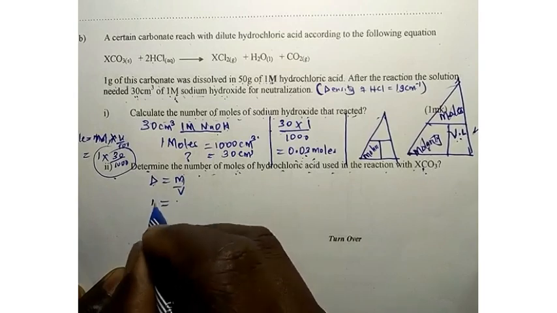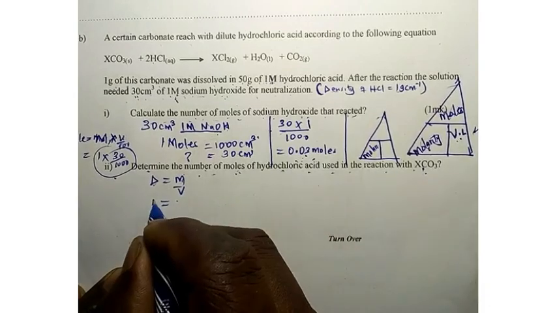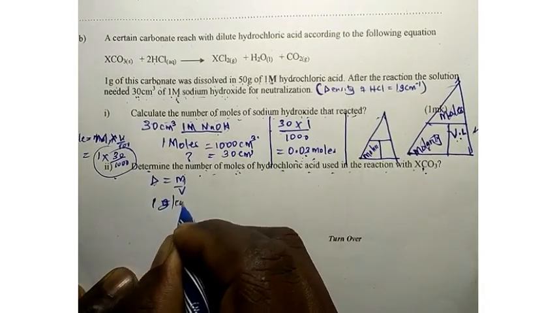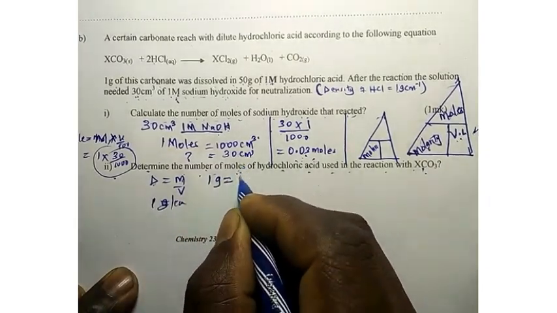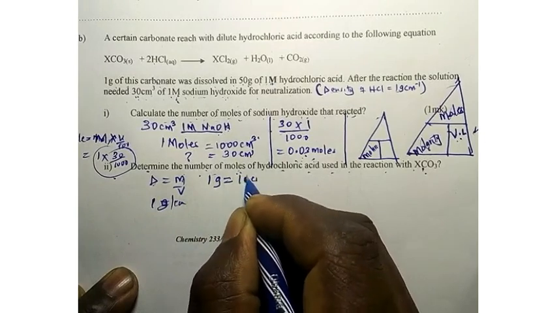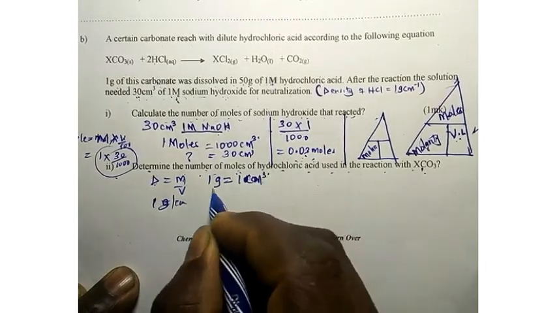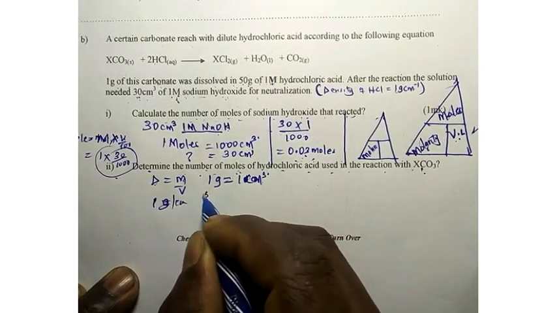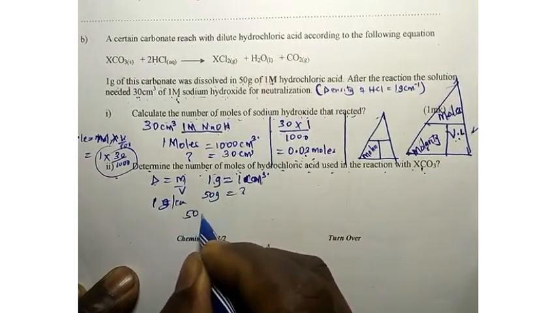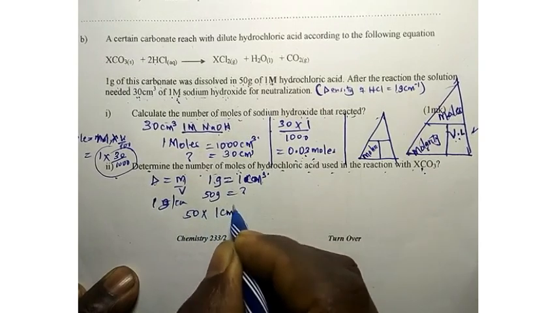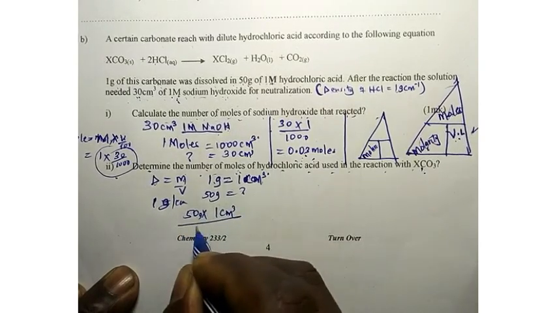We have been given the density of the acid as 1 gram per centimeter cube. It means that 1 gram of the acid is in 1 centimeter cube. So we will find out 50 grams of the acid will be what? It will be 50 times 1 centimeter cube, 50 grams, divided by 1 gram.